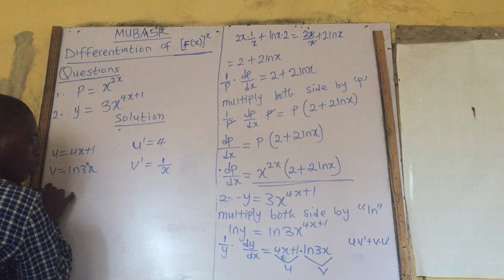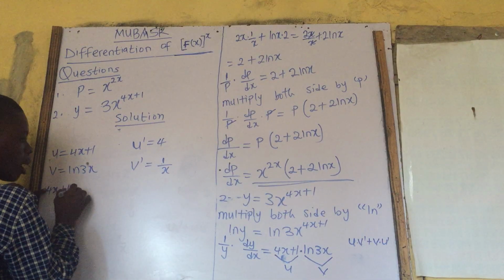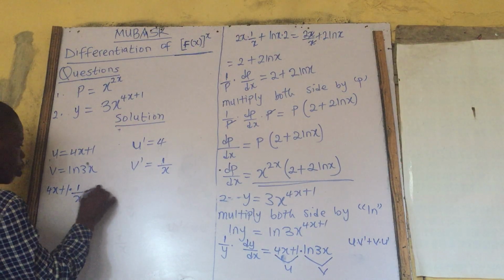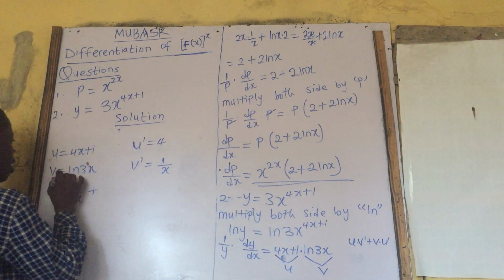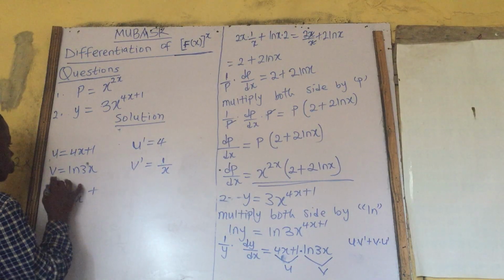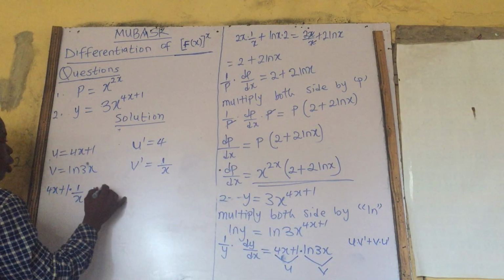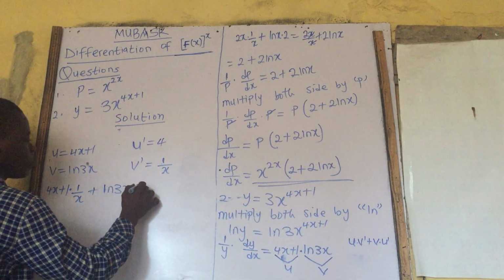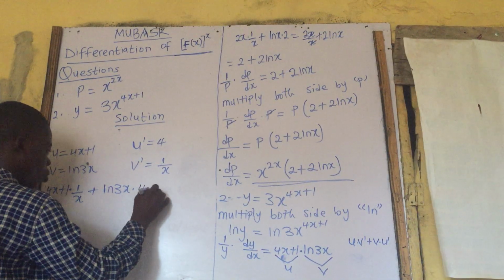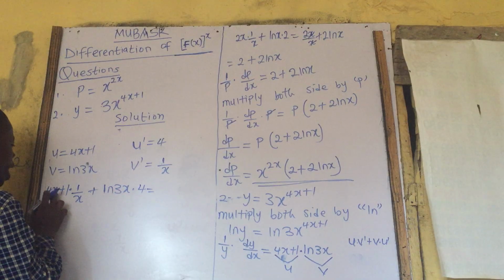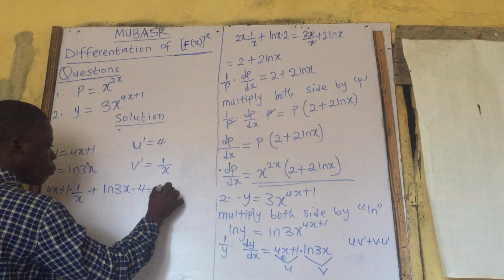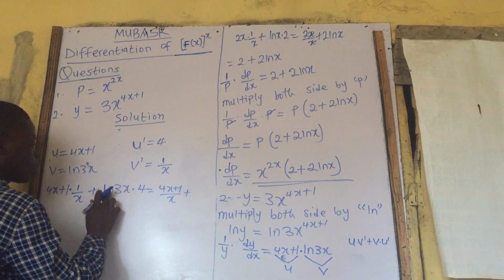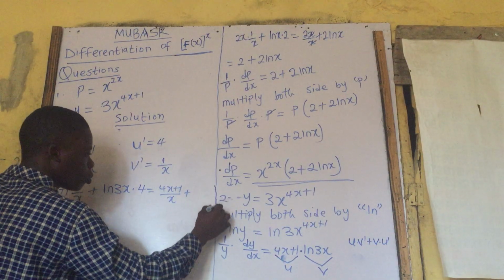Our u is 4x plus 1 multiplied by our v prime, 1 over x, plus our v, natural logarithm 3x, multiplied by our u prime, 4. All equal to 4x plus 1 multiplied by 1 over x, which gives 4x plus 1 all divided by x, plus natural logarithm 3x multiplied by 4.